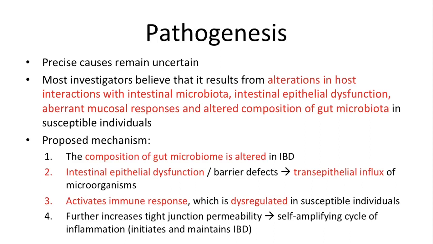This dysregulated immune response further increases the tight junction permeability and allows more transepithelial influx of microorganisms, and this leads to a self-amplifying cycle of inflammation. So it functions as an initiator of the inflammation as well as to maintain IBD in the long run.